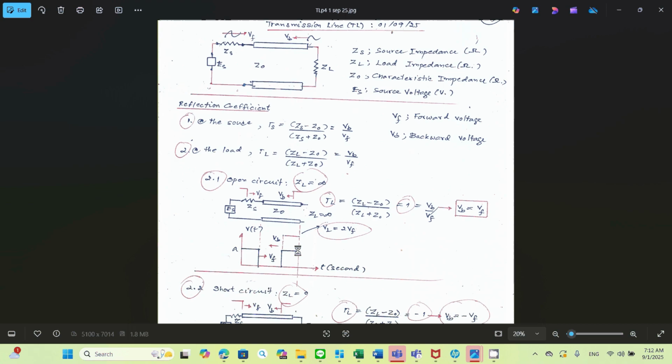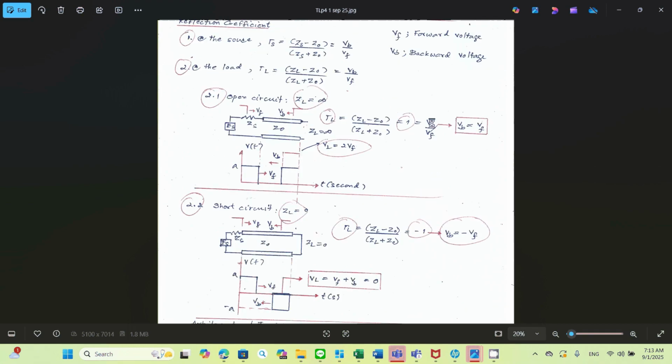So at the load end, the incoming forward voltage will add up with the reflected voltage. That gives you double the forward voltage, or in this case 2A, and that's something you don't want. You don't want any backward voltage, you want Vb equal to 0.